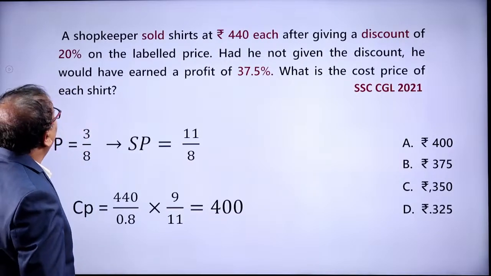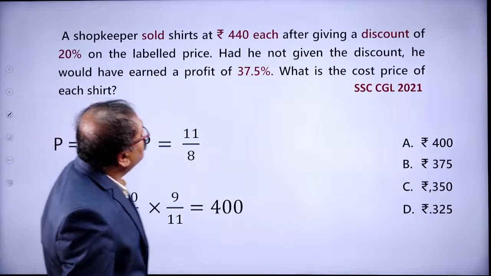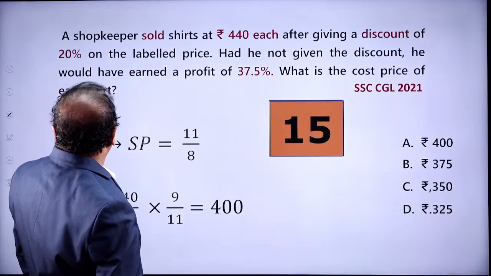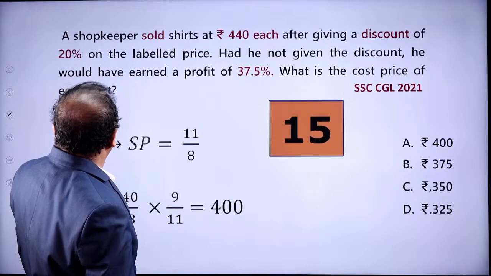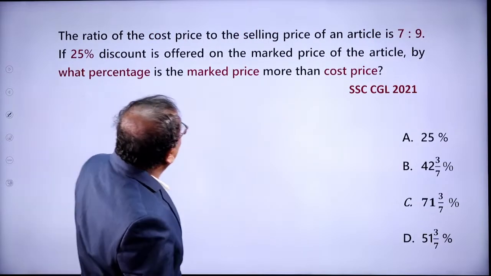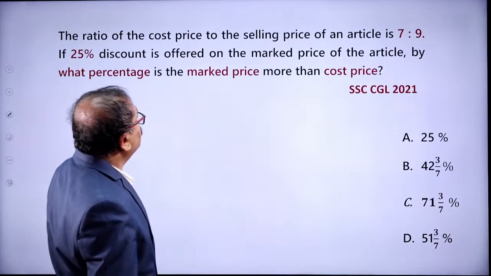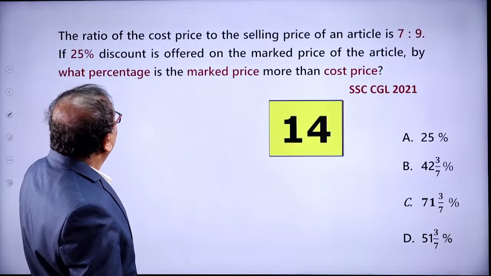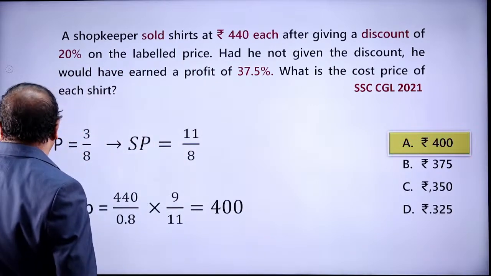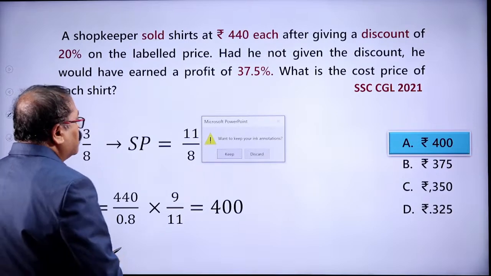Now here, why does this slide have a solution? Let me check that. The ratio of the cost price 7:9. What was the previous one? Okay, allow me to make a small modification.